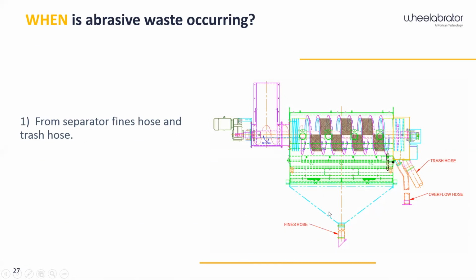If maintenance personnel ever look over your system, that is definitely one of the first areas to walk up to and check. Check that trash tube and that fines tube for any good usable media, because if there is, that's waste. It's a lot of money just being thrown out, and we want to figure out why that is occurring.